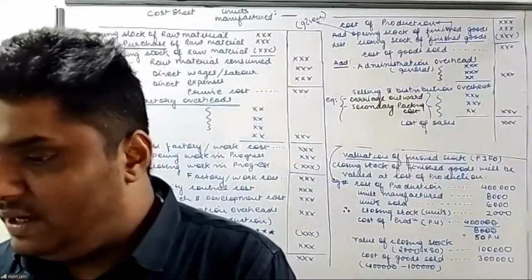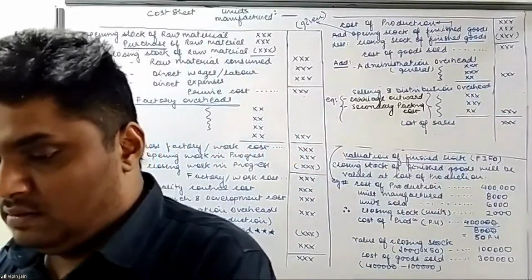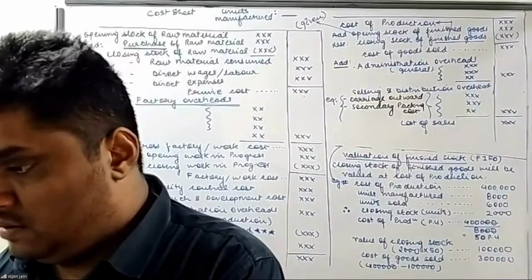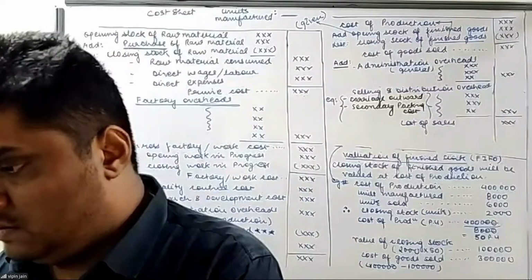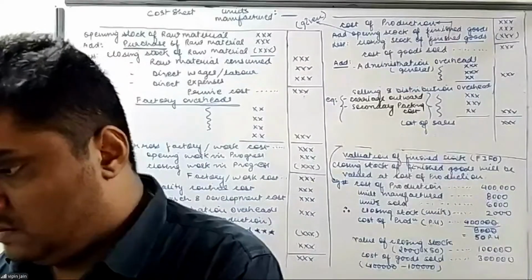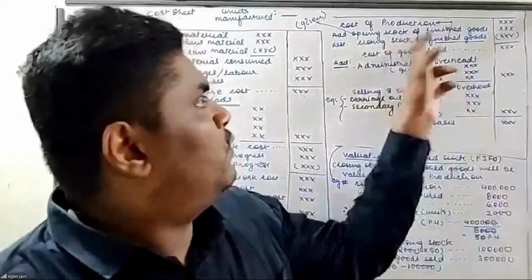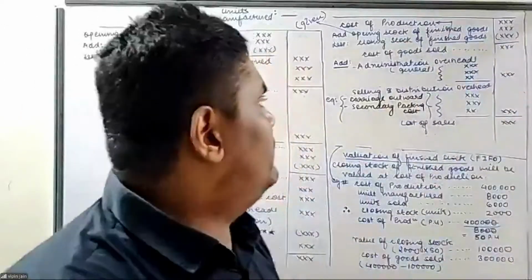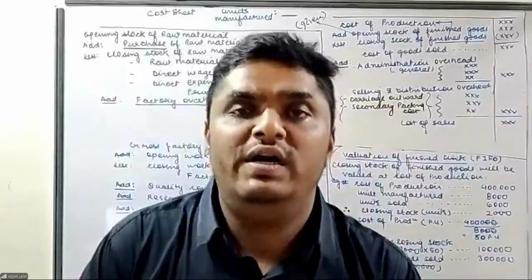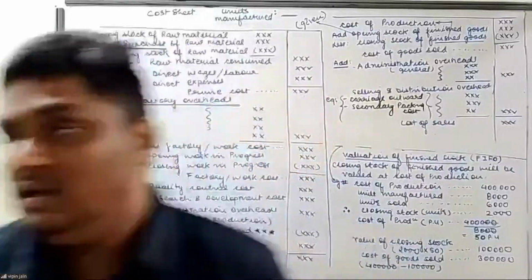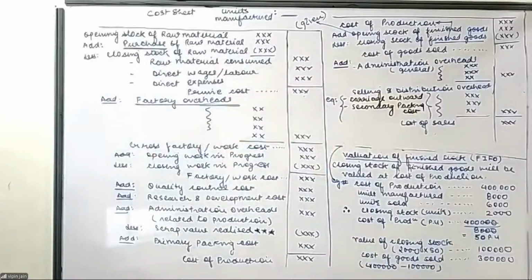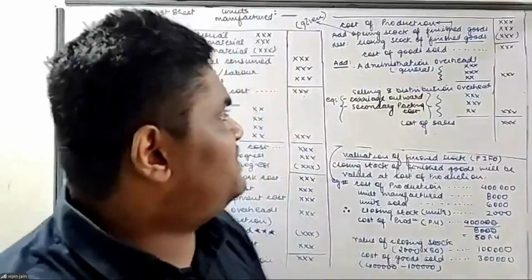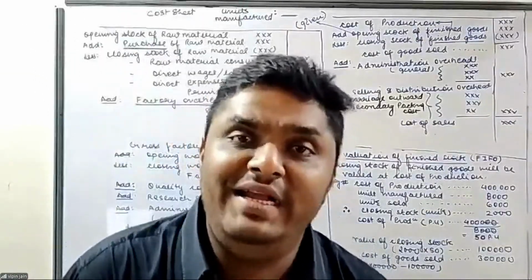Still anyone having any doubts in this part? Cost of goods sold is this much only. After calculating the cost of goods sold, we will make adjustments of administration overhead general, selling and distribution overhead.